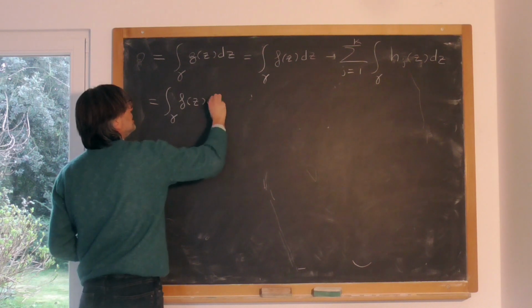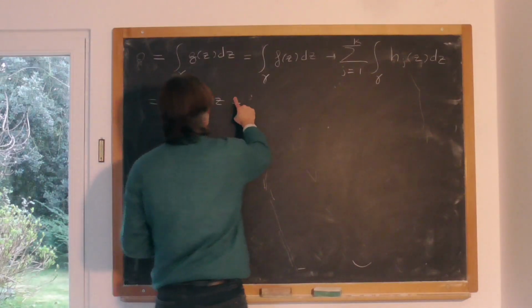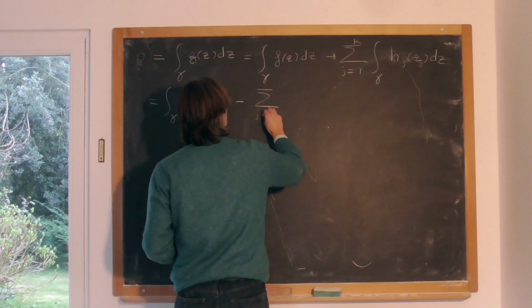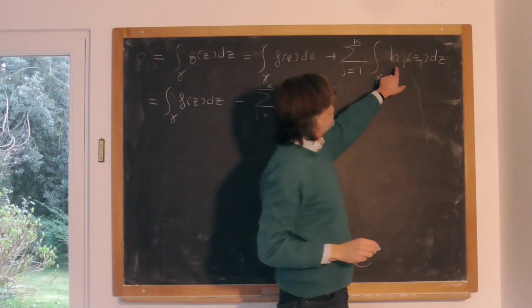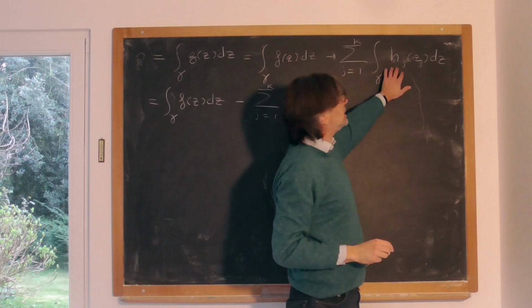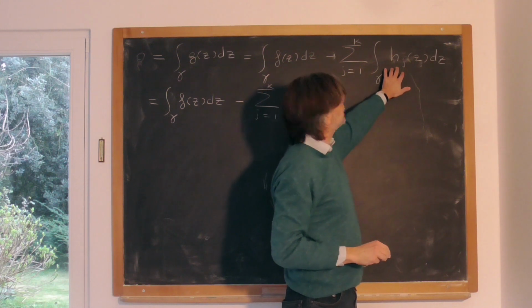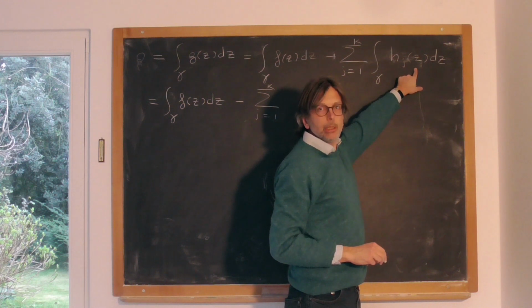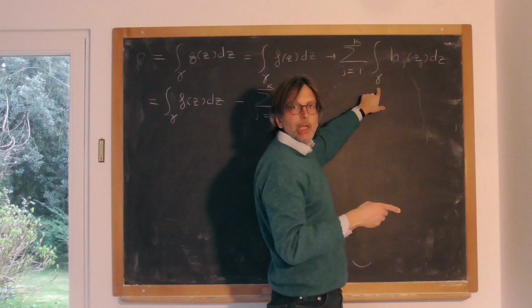This is the integral over gamma of f(z) dz minus sum j from 1 to k. So here we are integrating this function Hj, which is holomorphic except at the point Zj, and this is a contour which goes around Zj.